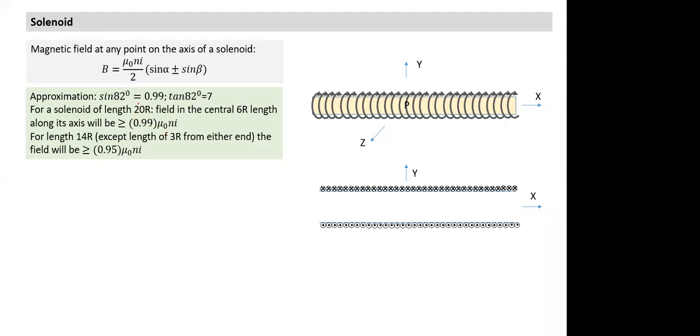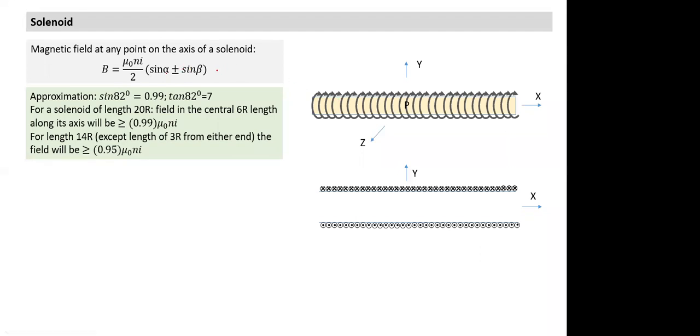So sin 82 is roughly equal to 0.99 and tan 82 is equal to 7. So what does it mean here? If alpha is 82 and beta is also 82, how much will the field be? Okay, sorry, before I start, what if it is a very long solenoid?